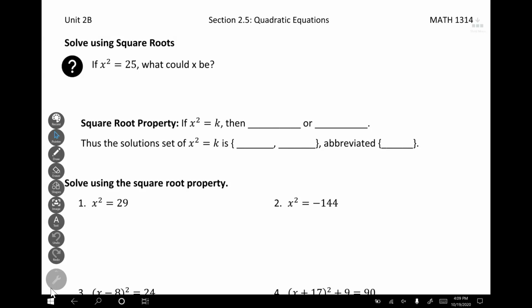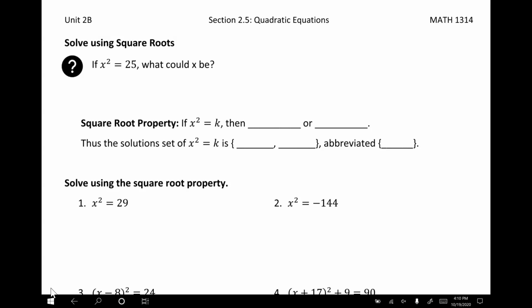All right, so we've looked at solving quadratic equations, looking at a graph, just looking at those x-intercepts, the zeros on the graph. And then we looked at solving using factoring. So you would factor, set each factor equal to 0, and then solve for x. Another way to solve is using square roots.